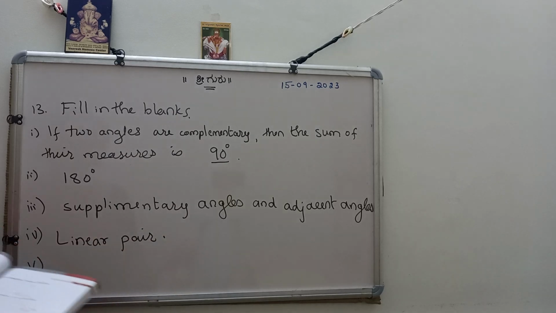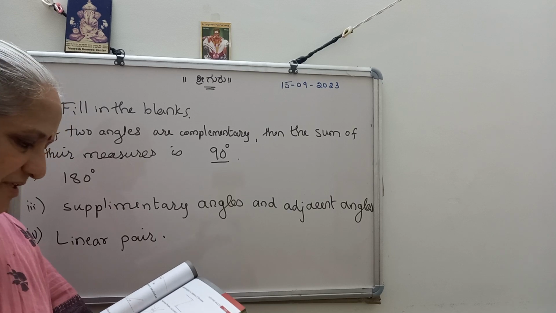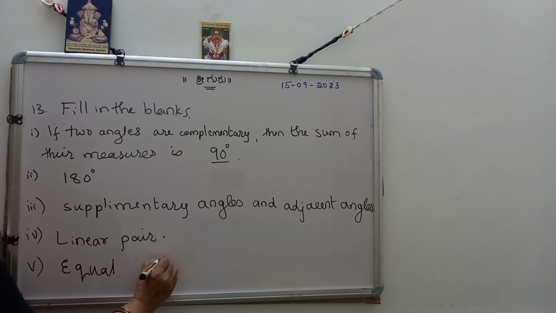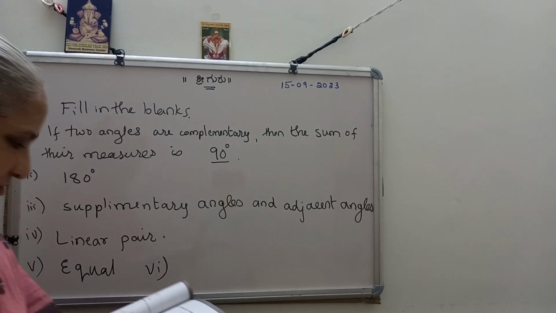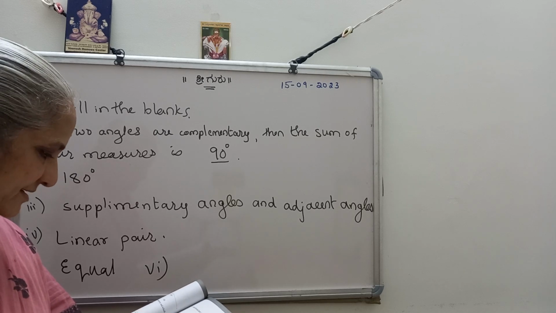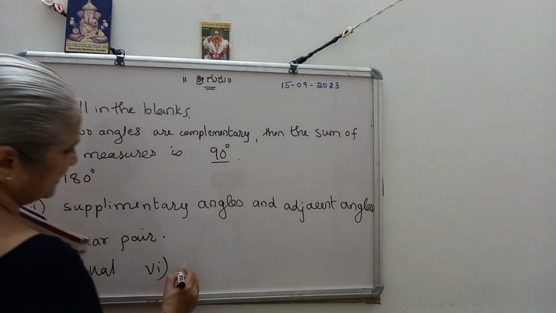Then the fifth one. If two lines intersect at a point, then the vertically opposite angles are always equal. And then the sixth one. If two lines intersect at a point, and if one pair of vertically opposite angles are acute angles, then the other pair of vertically opposite angles are obtuse angles.